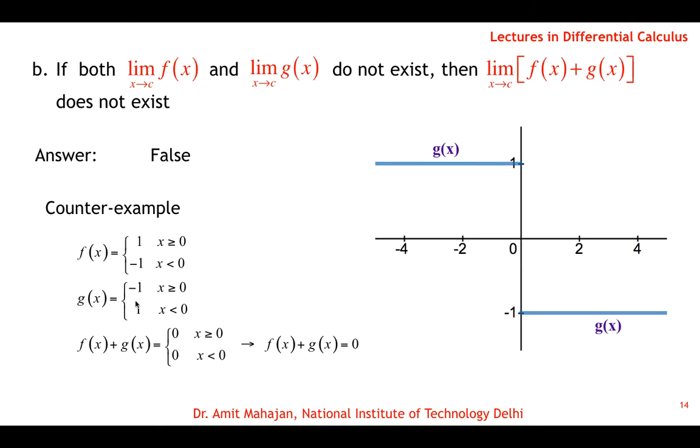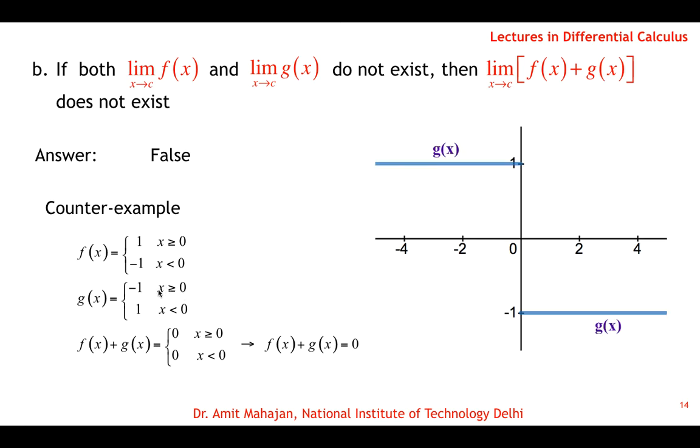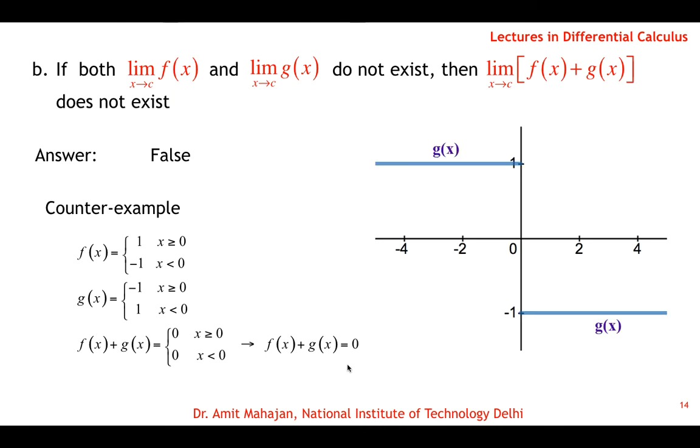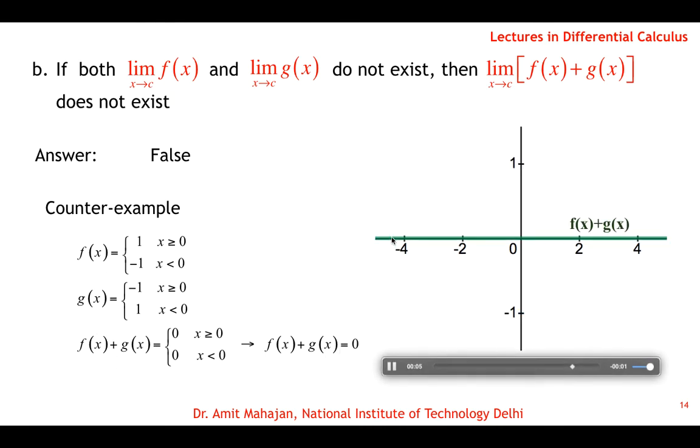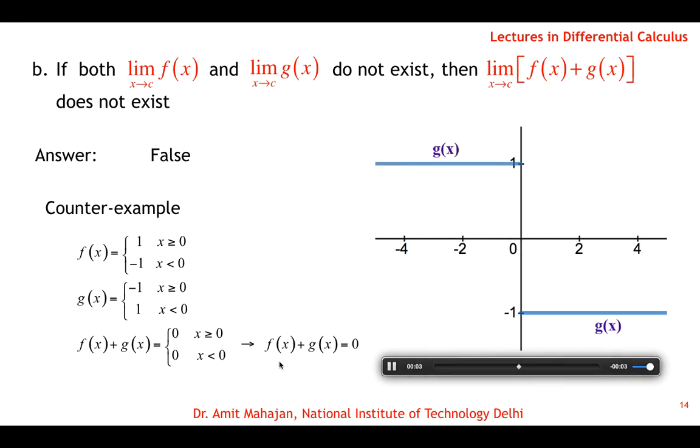Similarly, g(x) also has a jump discontinuity at the origin, and the limit at the origin will not exist for this function, such that the sum of the two functions is zero. So the sum function is a zero function, and so this function is continuous at the origin.